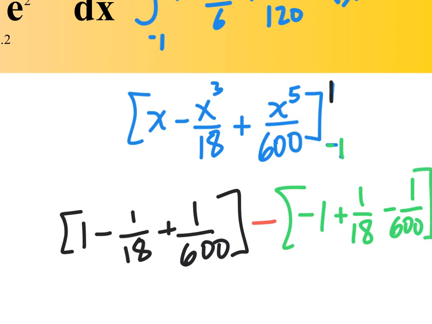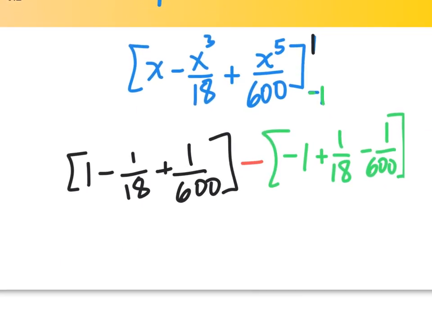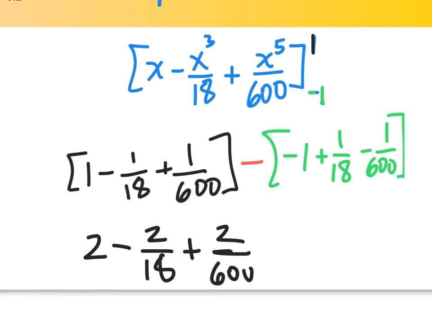So it looks to me like whatever one of these is, it's just going to double that. 1 minus -1 will be 2, minus 2/18, and plus 2 over 600. Okay, I don't know what that is, and I don't really care right now, but you could do that math. I'm not going to right now.